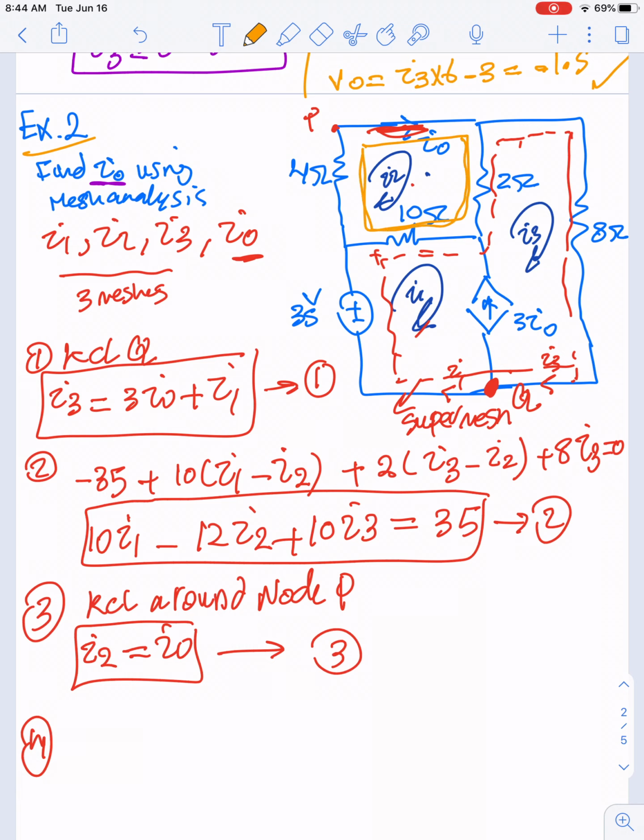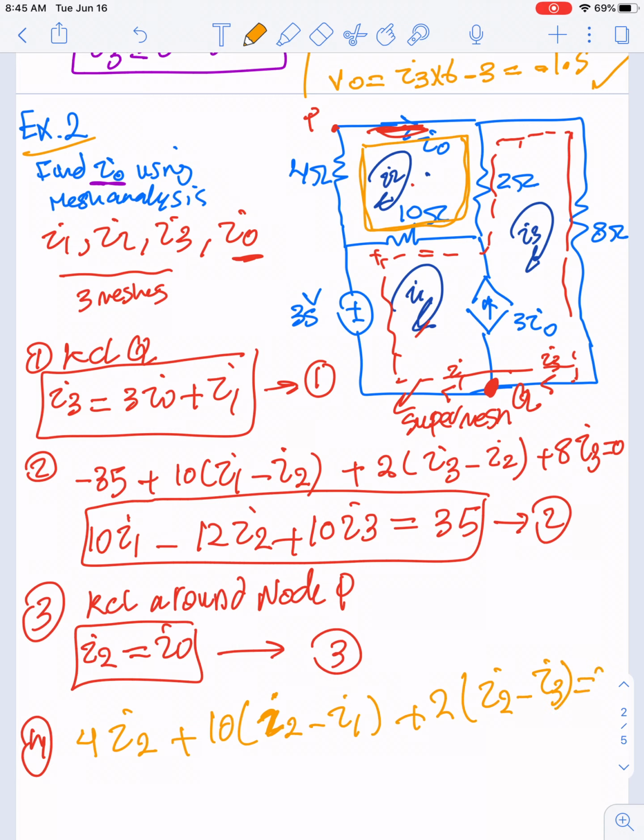So doing KVL around mesh 2, we'll have here 4, the current in this resistance is only I2, so we'll have here 4 I2, and the current here is also 10 multiplied by I2 minus the current here, minus I1, and lastly the 2 ohms resistance, I will have 2 multiplied by I2 minus I3, which is equal to 0.